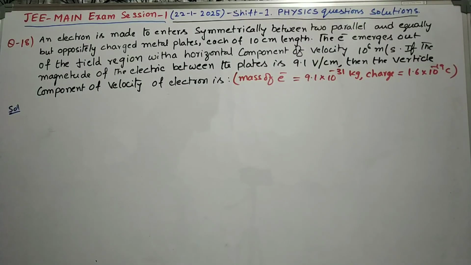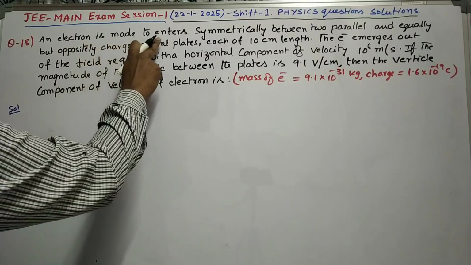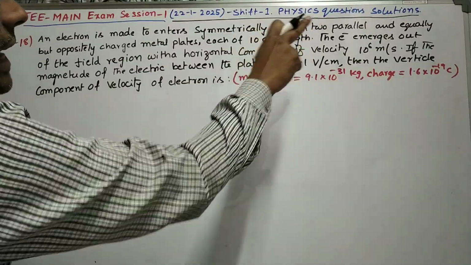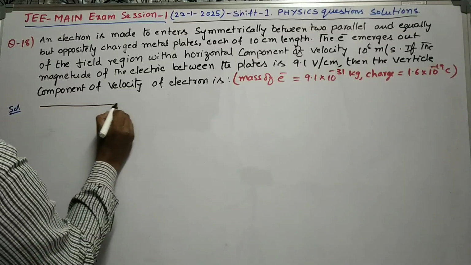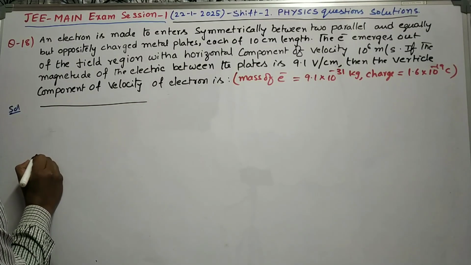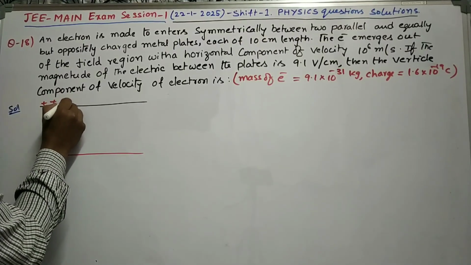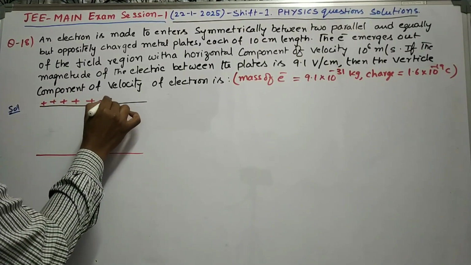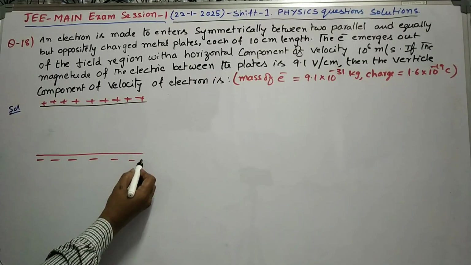To see, this may be simplified like this. An electron is made to enter symmetrically between two parallel and equally but oppositely charged metal plates. Suppose this is the first metal plate and this is another metal plate. This one is positively charged and this one is negatively charged.